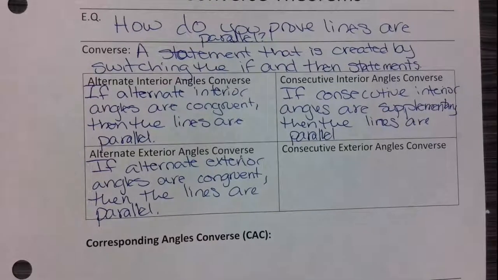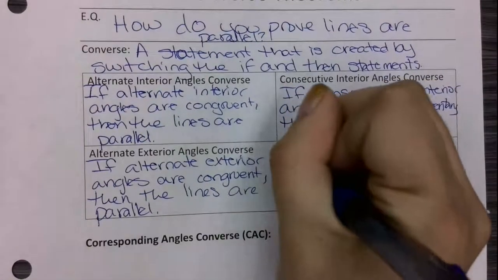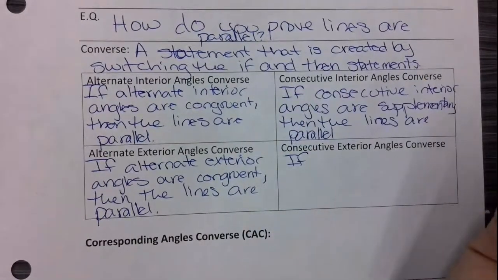Okay, then I have consecutive exterior angles converse. This is if consecutive exterior angles are supplementary, then the lines are parallel.